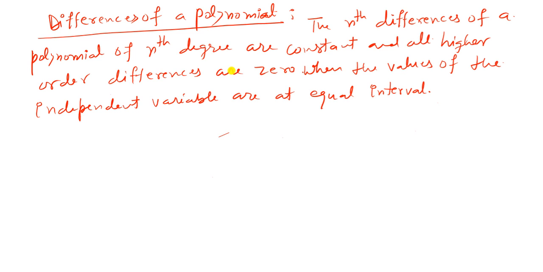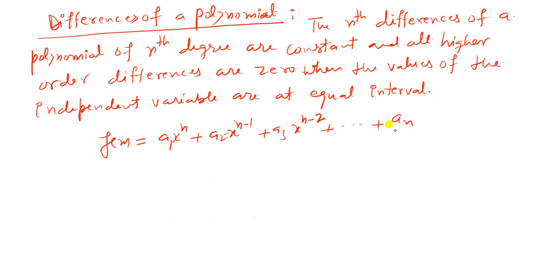That is, if we have a polynomial, say f(x) = a1 x^n + a2 x^(n-1) + a3 x^(n-2) + and so on plus an.